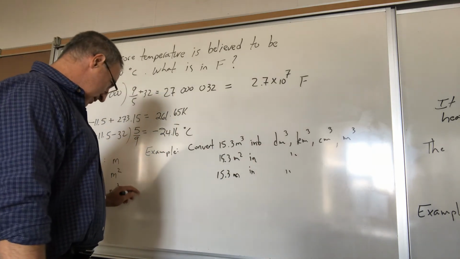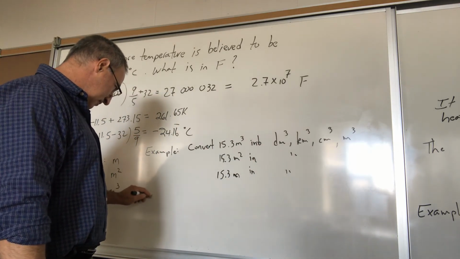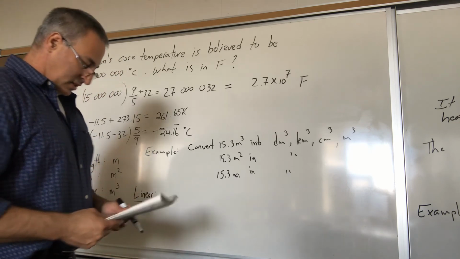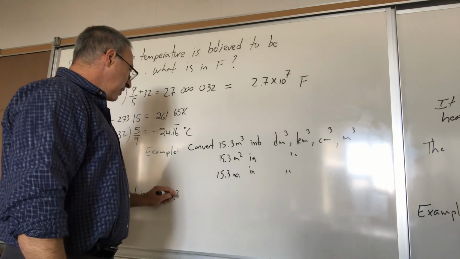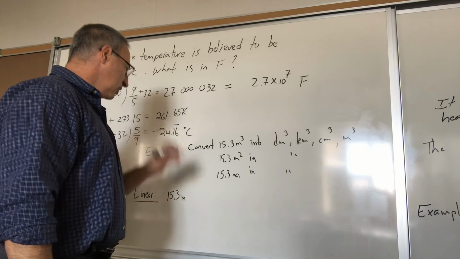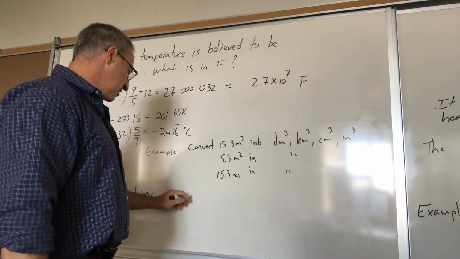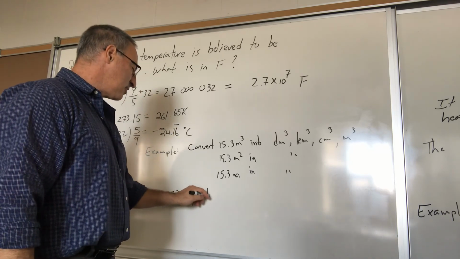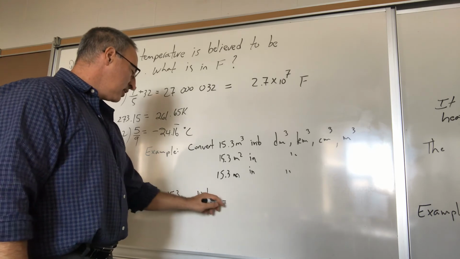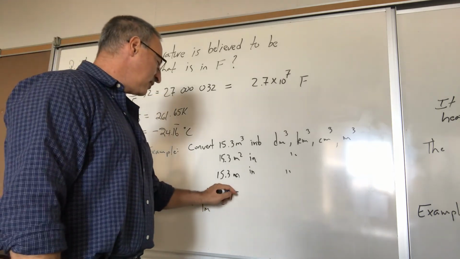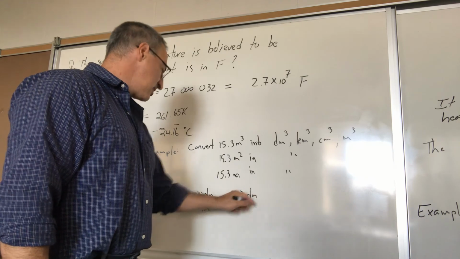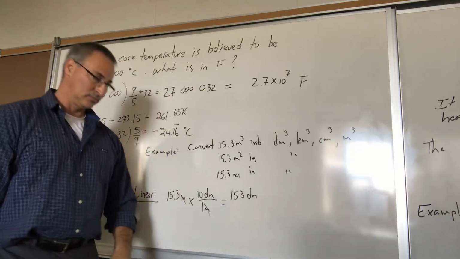So for linear measure, if you have 15.3 meters and you want to convert it into decimeters, the conversion factor is that there's 10 decimeters for every 1 meter. So it becomes 153 decimeters. Notice how meters will cancel.